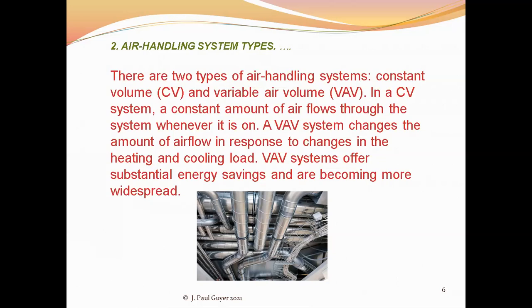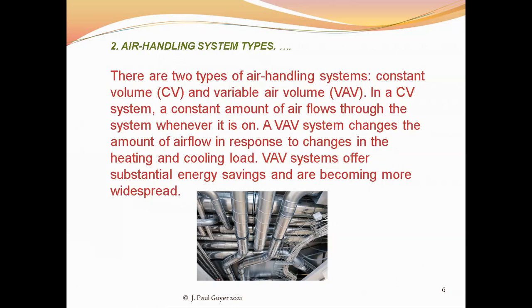And so for temperature control, for comfort purposes, you need to vary the temperature of that air going into the occupied spaces. And that's the older type of air handling system. In recent decades, the variable air volume systems have developed, and they are more energy efficient.